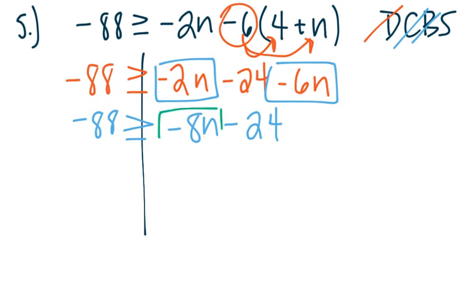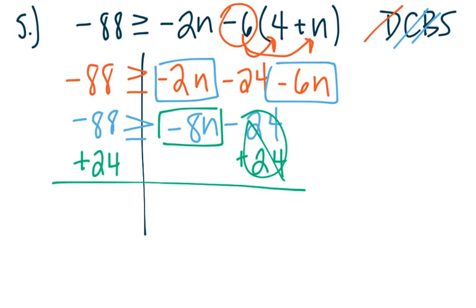I have negative 8n, start furthest from the variable, so that's add 24, add 24. So we have negative 64 is greater than or equal to negative 8n. We're going to divide by that coefficient, negative 8.